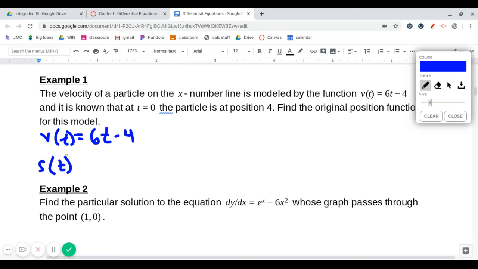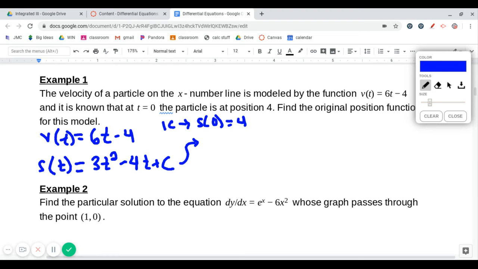If s of t is a position function, this is the integral of 6t, which is 3t squared, minus 4t plus c. This is where we're going to use the initial condition. Our initial condition is s of 0 equals 4. We're going to use that to solve for c.